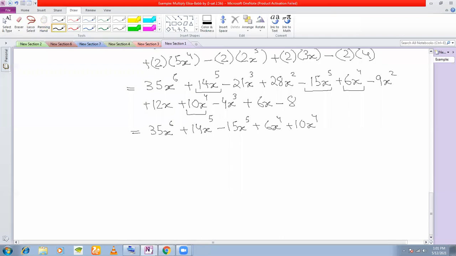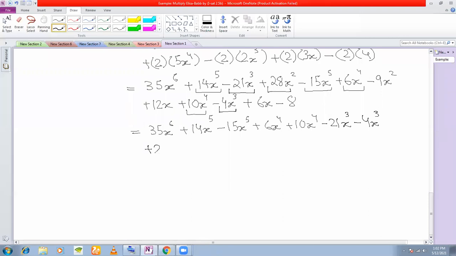Next should be power 3 or cube. Okay. So power 3 right here. What are the powers here? Power 3 here. This 21 is power 3, and this is also your power 3. So minus 21x cube minus 4x cube. Next comes your power 2. Is plus 28x square.